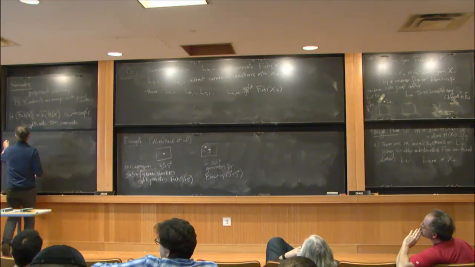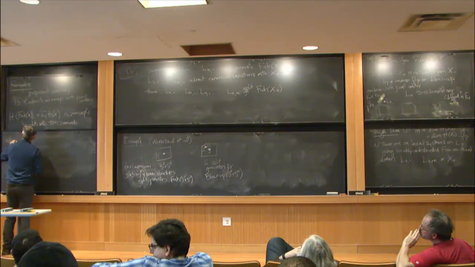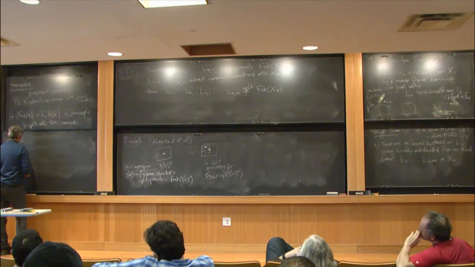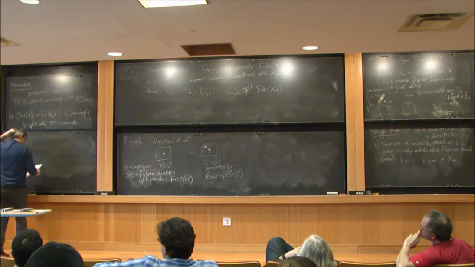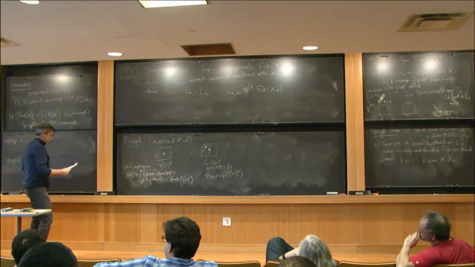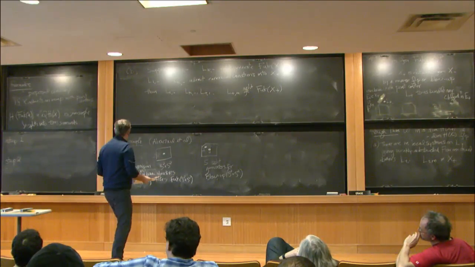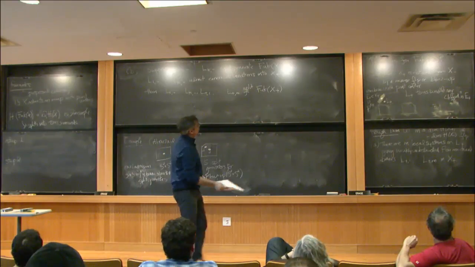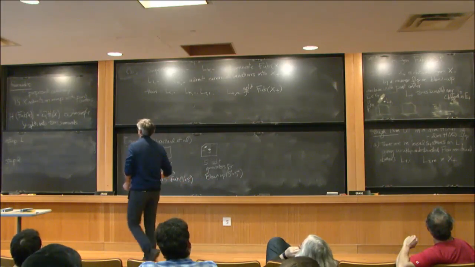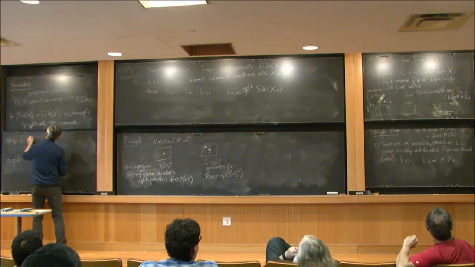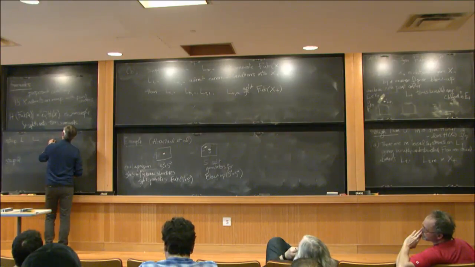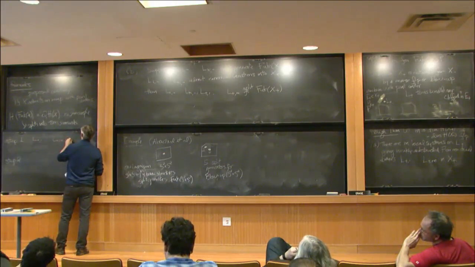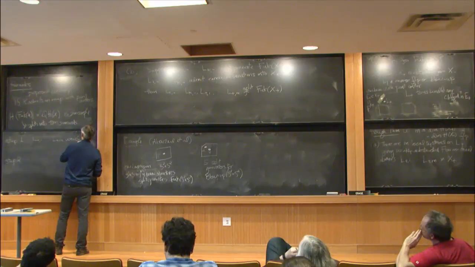Okay, so there are two parts. Step one, and this is actually already quite hard, is really to show that these L plus 1 up through L plus M are weakly unobstructed.